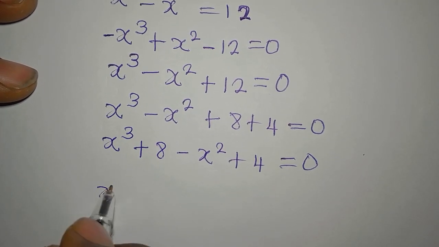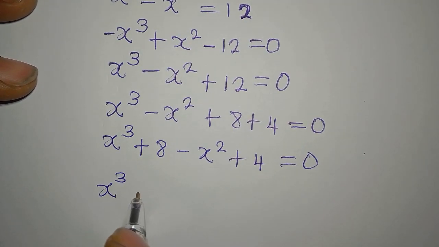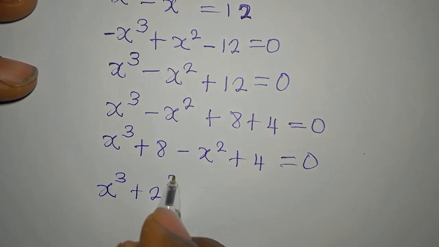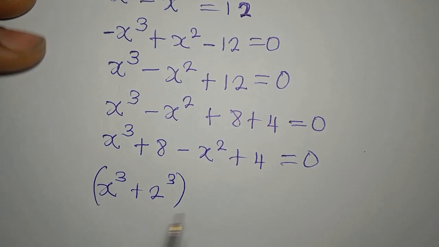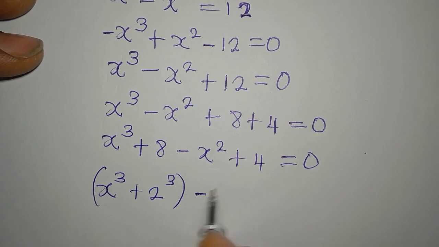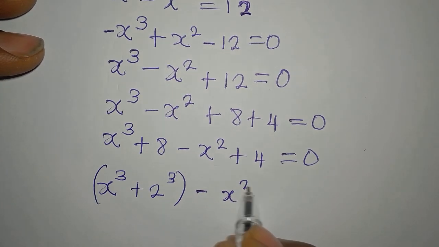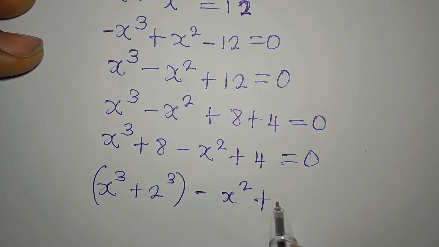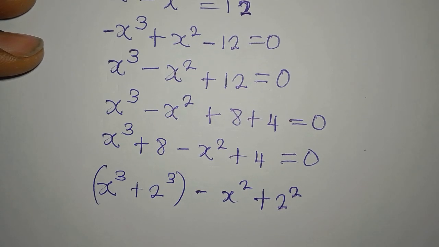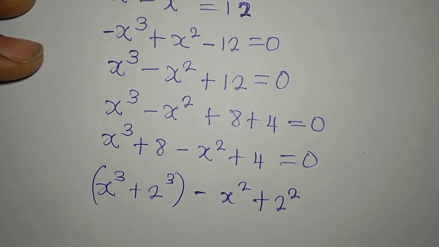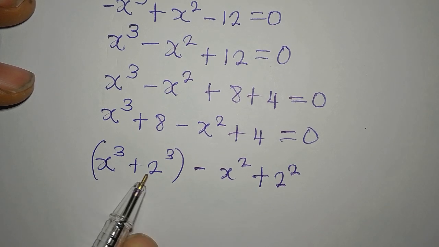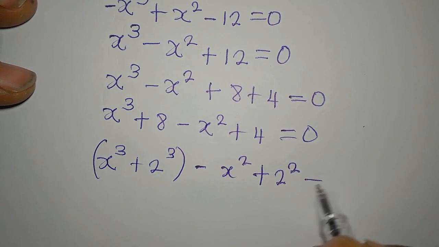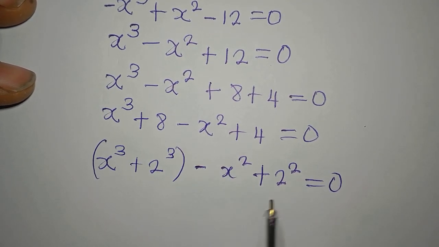From here, we have x to the power of 3 plus 2 to the power of 3. So I'm going to deal with this separately. Then minus, from here we have x squared plus 2 squared. Okay, so this is what we have. But then, since this one is in brackets, we can work on this and put bracket.